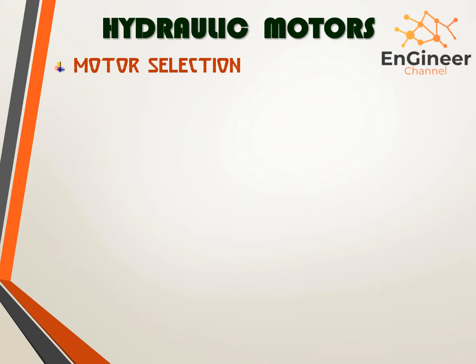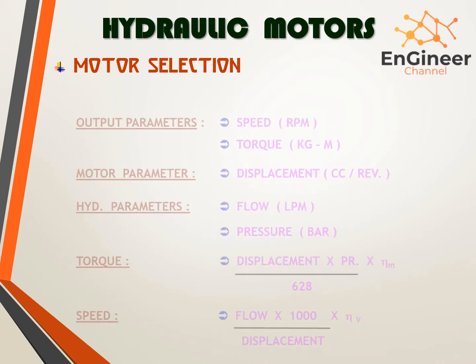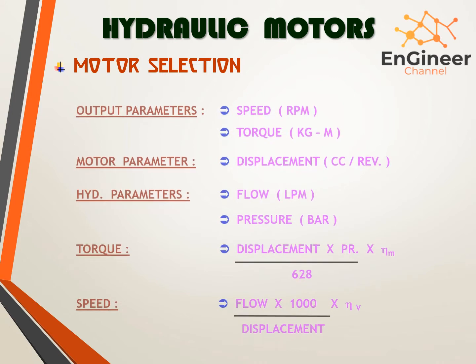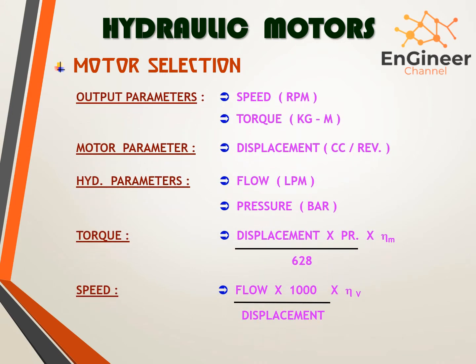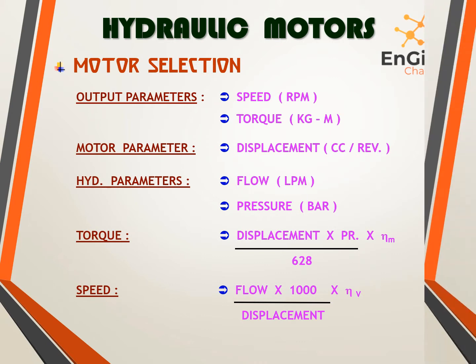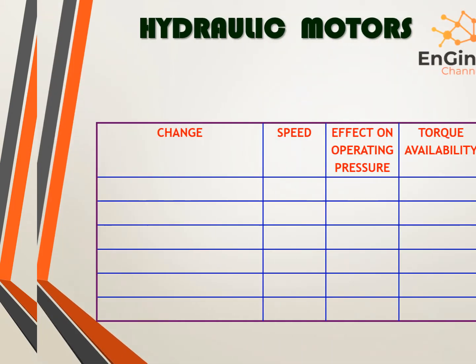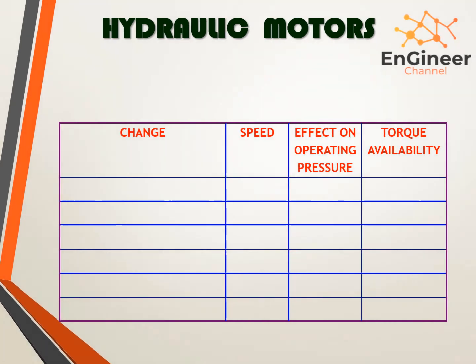For motor selection, we have to know these parameters: output parameters, speed and torque; motor parameters, displacement; hydraulic parameters, the flow and the pressure; the torque parameters, which are displacement and pressure; and the speed parameters, which are flow.